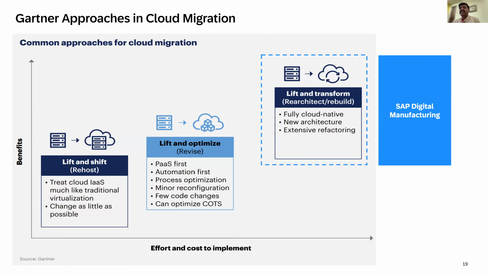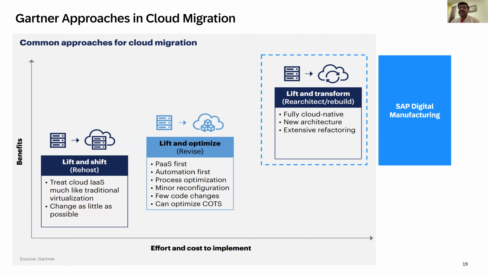And then lift and transform is you are completely transforming your current infrastructure with a new architecture and extensive refactoring, which will be suited for today's business world, along with AI, agentic AI, and more, voice-based commands to ask anything, like Bruno explained. So the benefit is high in the third category.